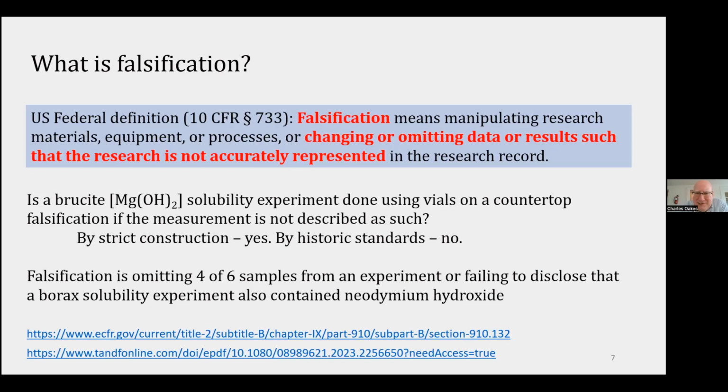Another example is if you measure borax solubility and you don't mention the fact that you have solid neodymium hydroxide in your experiment, and you present that work in a published paper as borax solubility, but the real study was initially designed to be a neodymium hydroxide solubility study, and you've basically repurposed your results and the study. These are real examples that I'll get to.